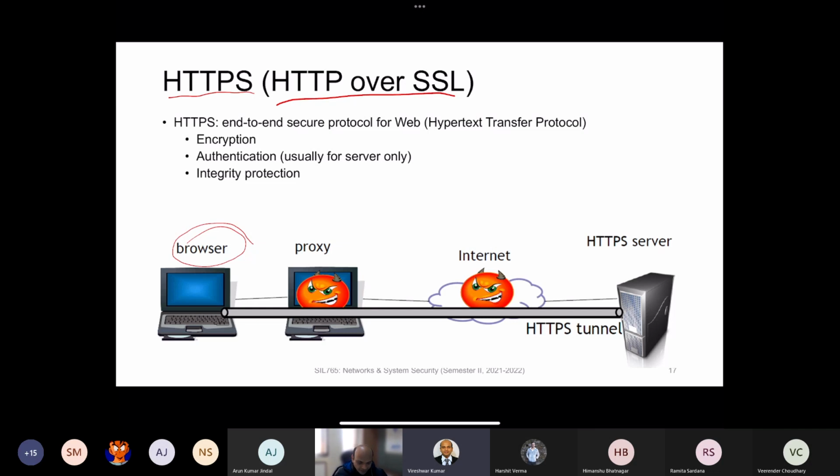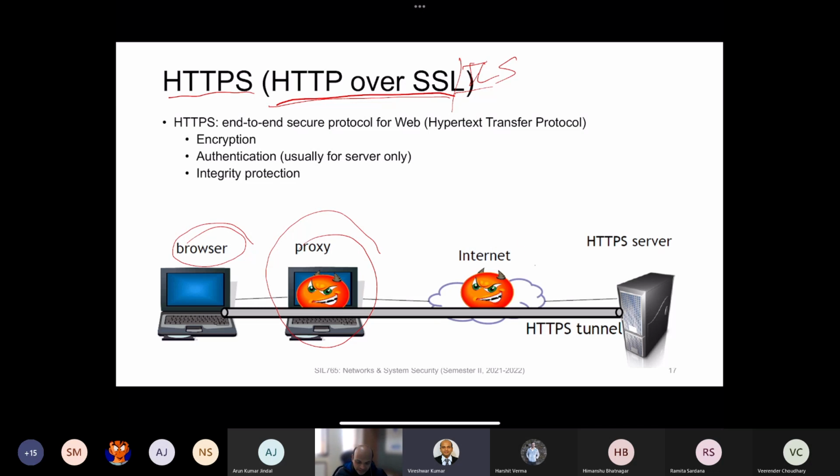And therefore, if you think about one of the most important applications of TLS, HTTP over SSL or TLS is the most important application of TLS. You see that the proxy or some other version might be controlled by the attacker.